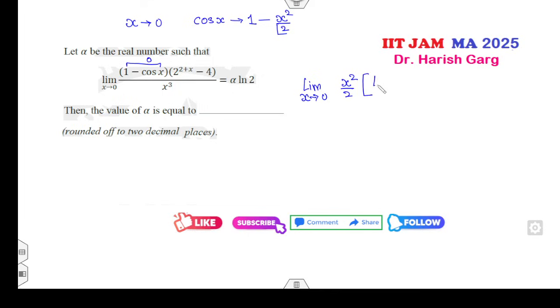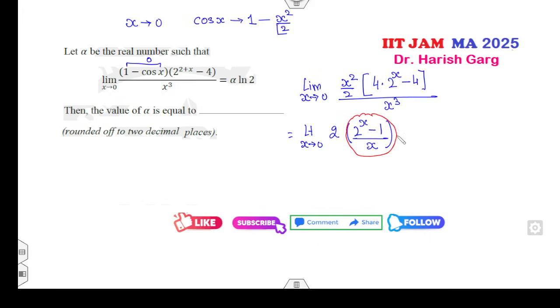I can separate them: 4 into 2 raised to power x minus 4 divided by x cube. I can take 4 as common, the 2 is cancelled, 2 raised to power x minus 1 over x. Now you all know the limit when x approaches 0 will be ln of 2. So the answer is 2 ln of 2.